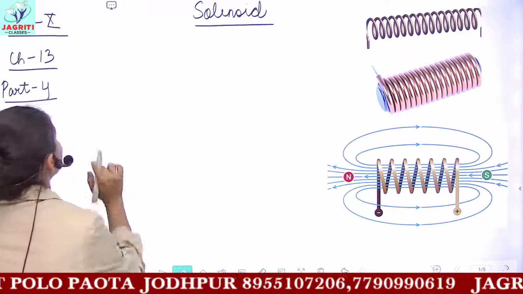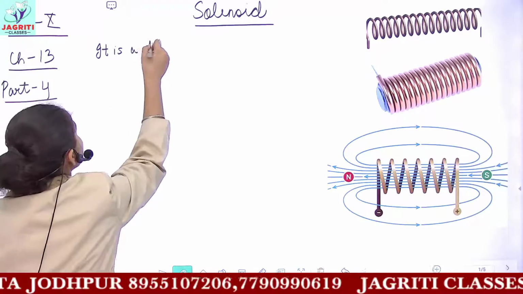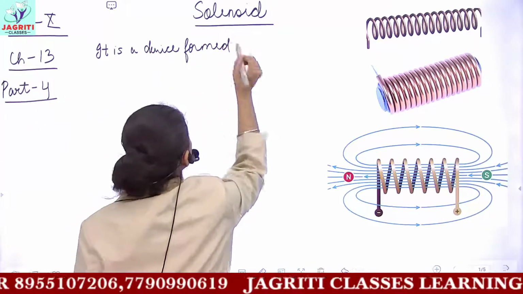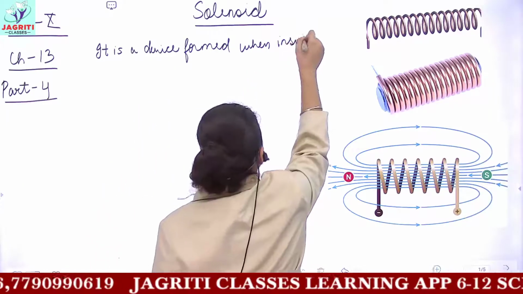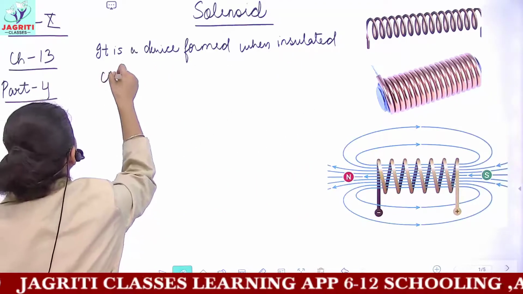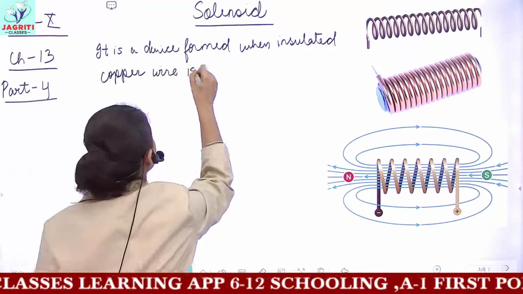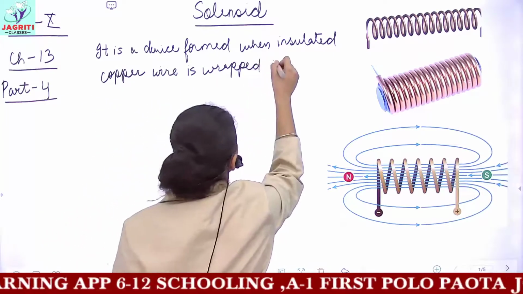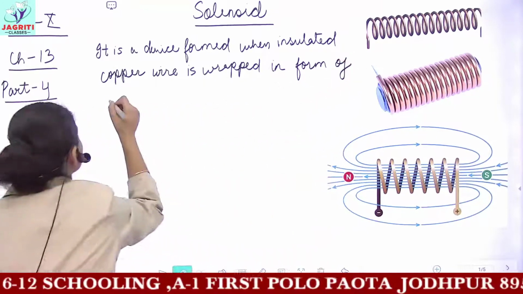To define a solenoid, it is a device formed when the insulated copper wire is wrapped in the form of a cylinder.